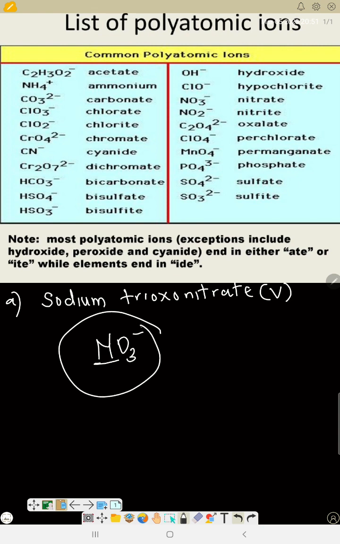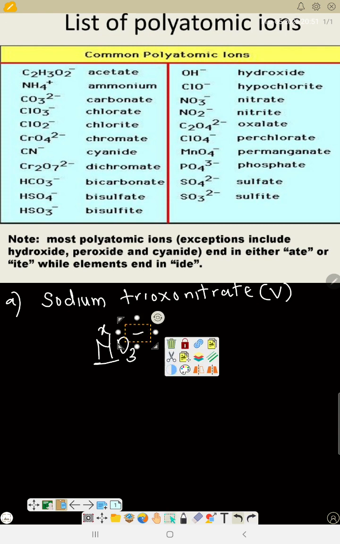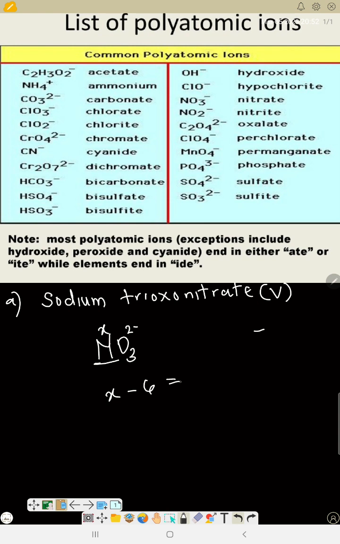Now what is the valency of nitrogen here? So that will be X. Remember I said you can remove their total charge, so everything will be equal to the total charge. Oxygen normal is 2 minus, so 3 times 2, that will be X minus 6 equals minus 1, because that is their total charge.